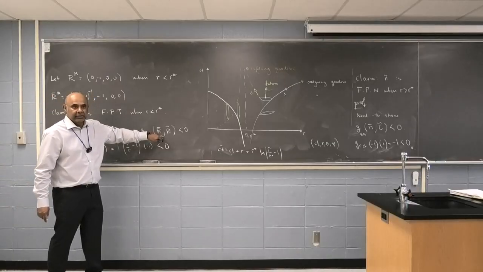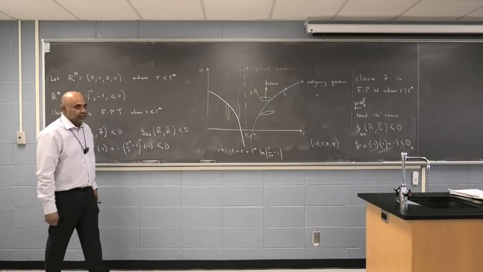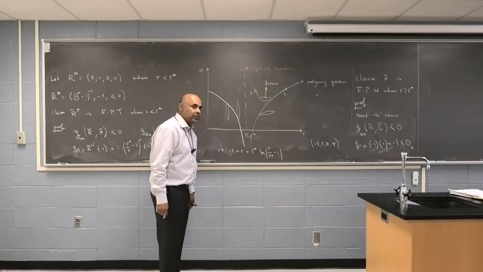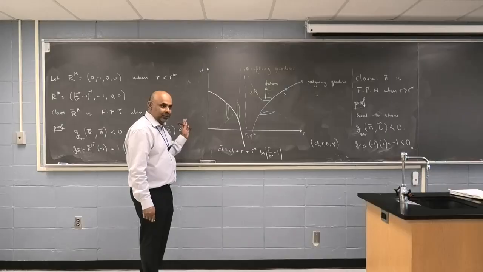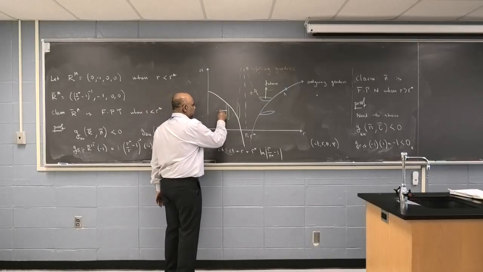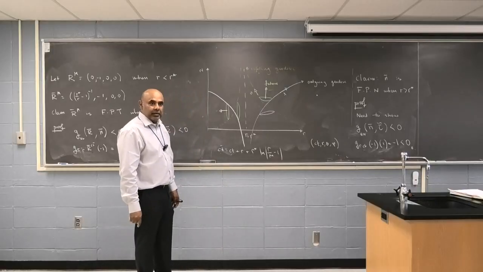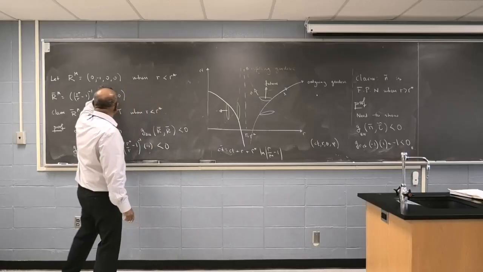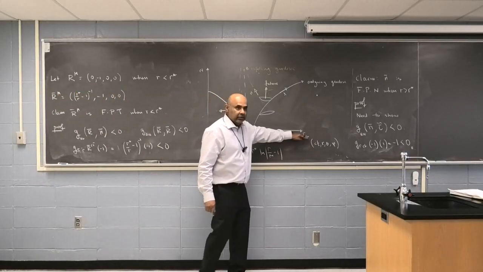I'd like for you to show that it is time-like. We'll do this a little more carefully. I just showed you that this is future pointing. This is the radial coordinate system.